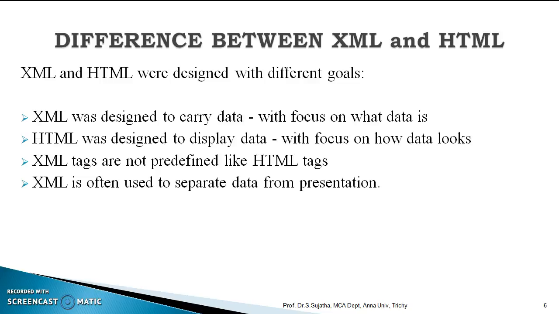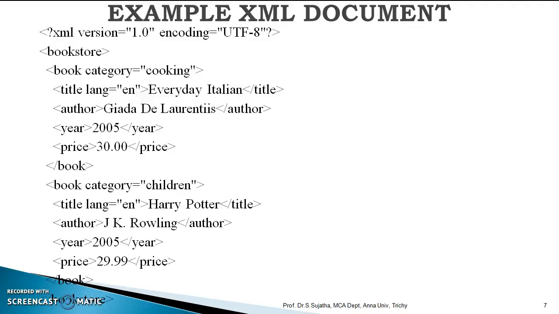That is, it gives more importance to the content of the data, but HTML gives more importance to the presentation of the data. XML tags are not predefined like HTML tags. XML tags are user-defined and we can use our own tags, but all the HTML tags are predefined. XML is used to separate data from presentation.